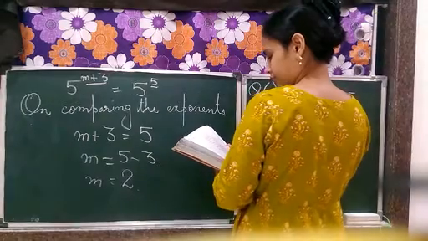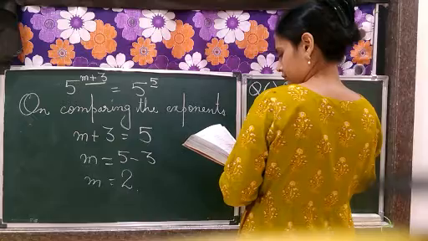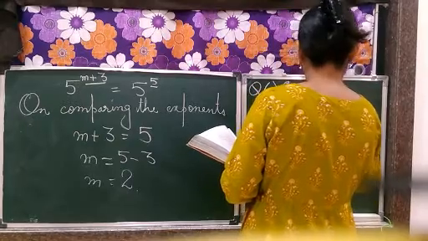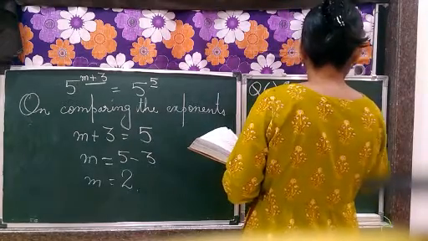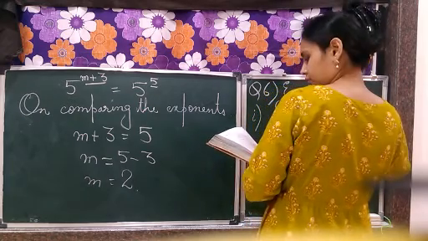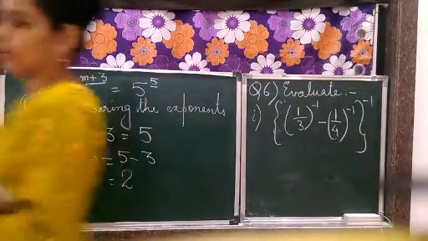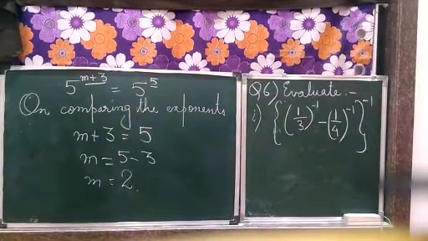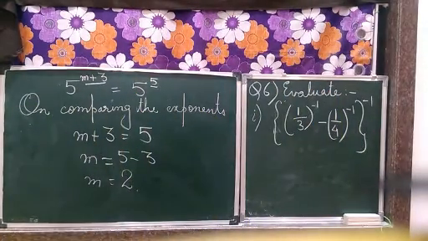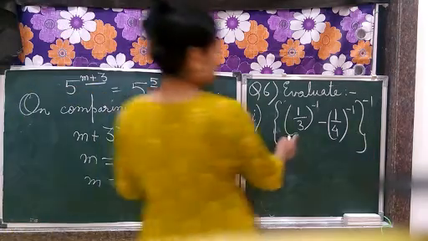Solve. So first thing we are going to remove the negative sign from the exponents. So first we will solve the inner bracket.